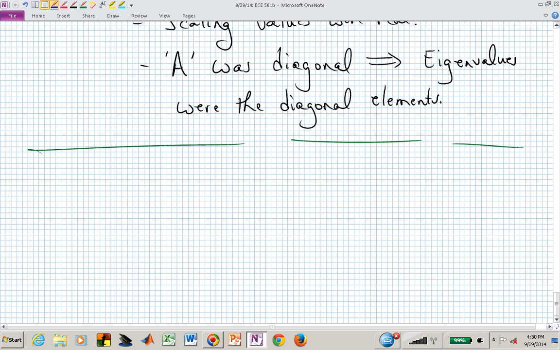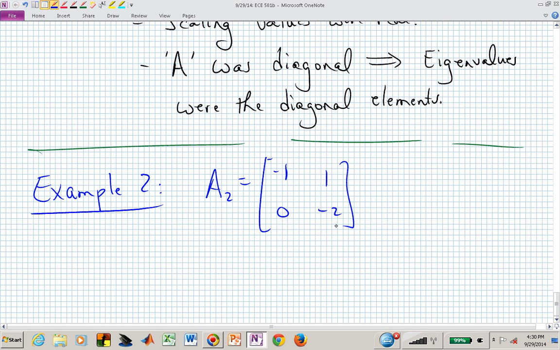Example 2. Suppose A sub 2, you can see I'm getting creative with my subscripts and I'm getting really elaborate with my examples. I'm really moving fast. Now I have a matrix A sub 2, which is in the top row -1, 1, and in the bottom row 0, 2.